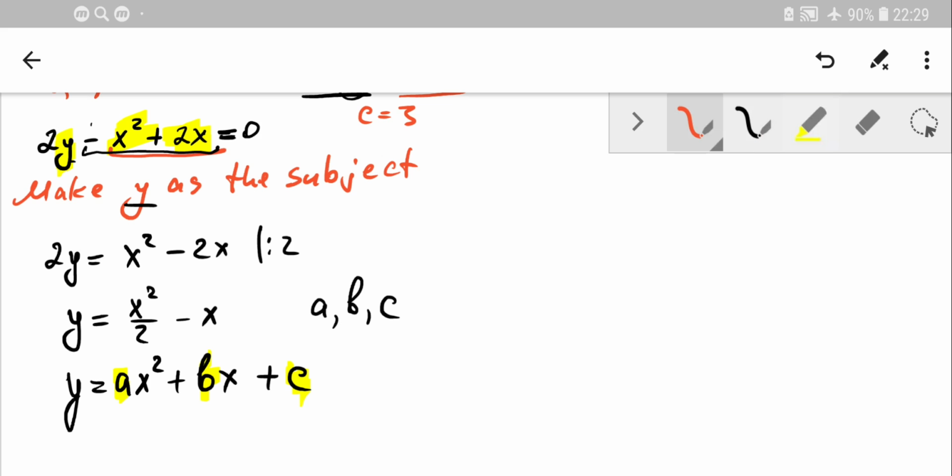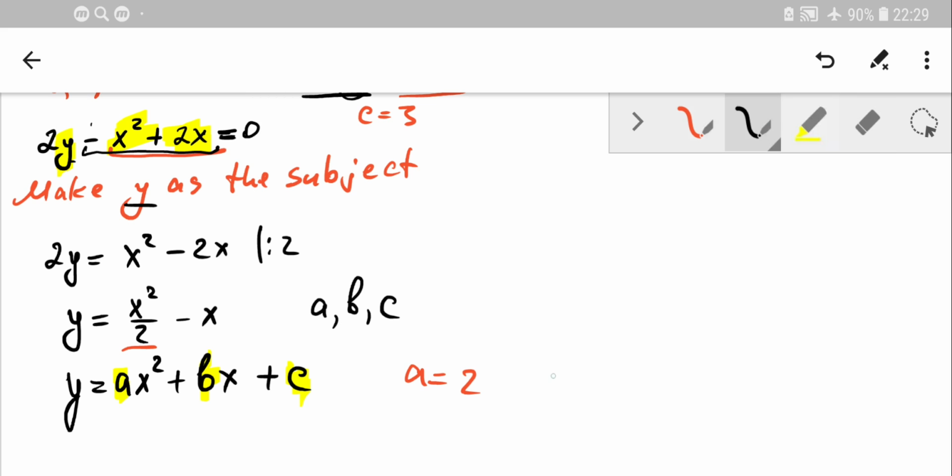Let's look at the first leading term, x squared over 2. Many students used to say that a is just 2. No, guys, it's wrong. Because you have x squared over 2, not times 2, otherwise it would be times 2, right?